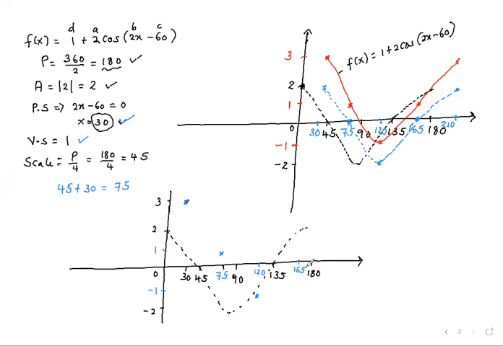165, it was supposed to be at 0. 0 plus 1, it's at 1. Then 180 plus 30, 210. 210 comma 2 plus 1 comma 3. And then you sketch your second graph will be a complete one to be ready.